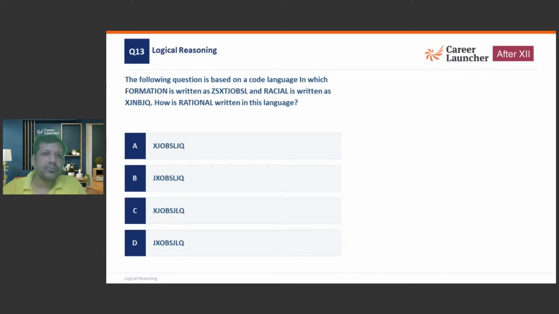This one. Okay. So, are you trying to find the decoding in this?